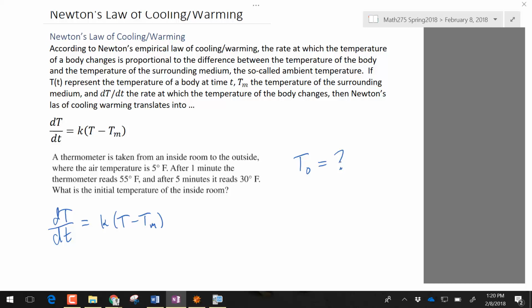So the body that you have is the thermometer, and your thermometer has a starting temperature when you were inside, and then you took it outside. The 5 degrees here is going to be the ambient temperature on the outside. Does that make sense? So I would call this T sub m equal to 5 degrees Fahrenheit.